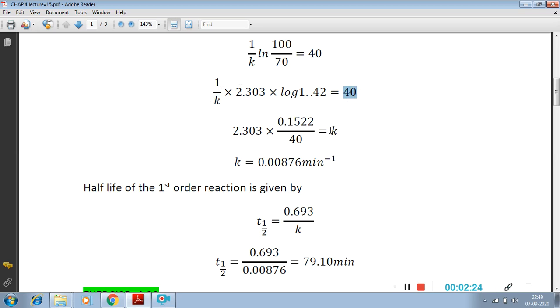So K will be here and 40 it will come in division here. So you will get K is equal to 0.00876 minute inverse. Unit of K, that is inverse of time T. The unit of time T was minute. So here inverse of that minute is there.